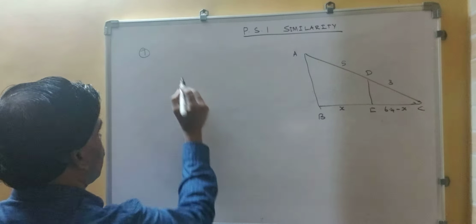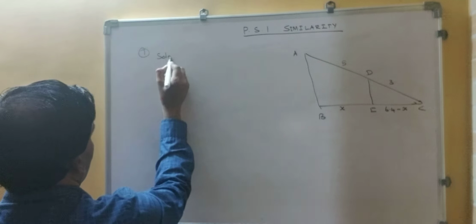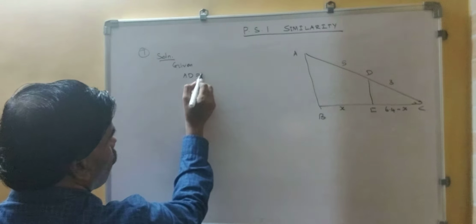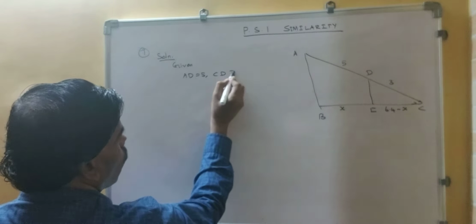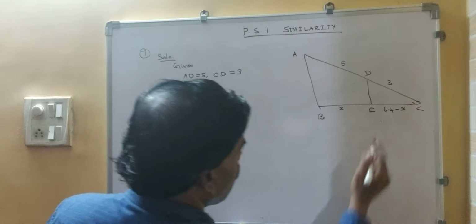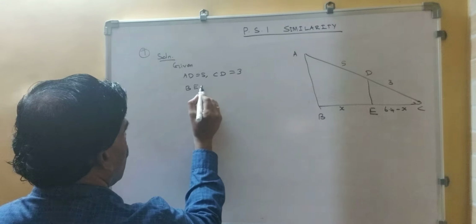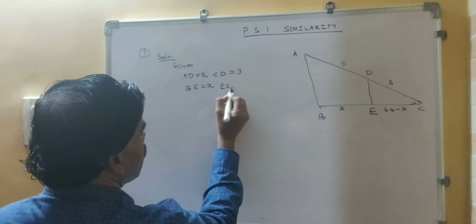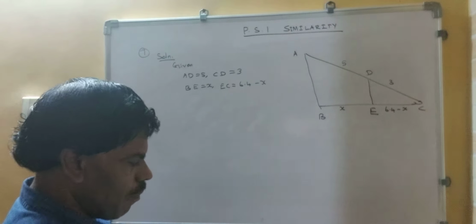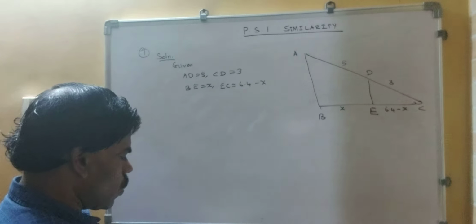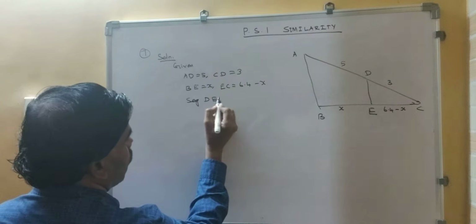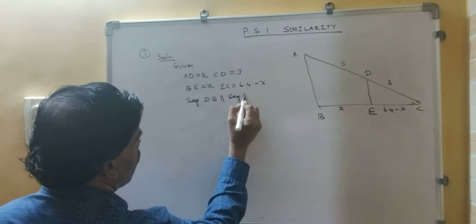Here what is given we will see. Solution. Given AD equal to 5, CD equal to 3, BE equal to X and EC equal to 6.4 minus X. Okay. Now look at this. Here what is also given to you is segment DE is parallel to segment AB.